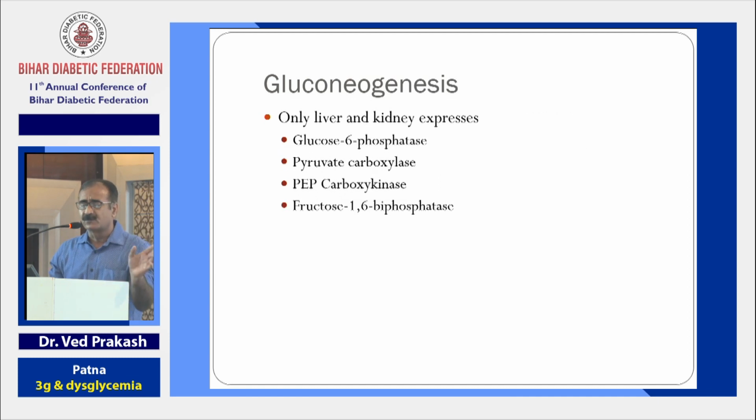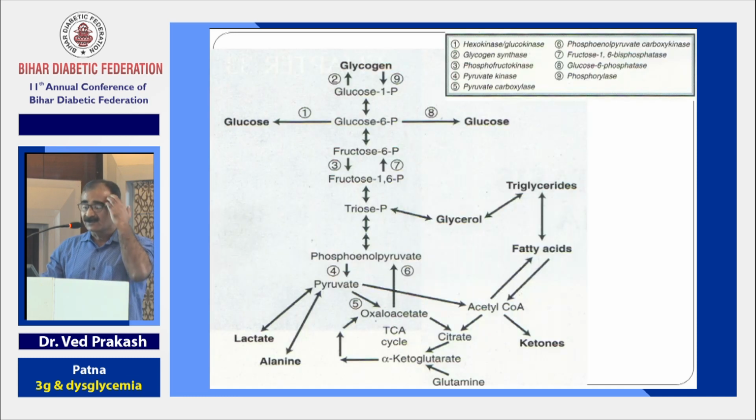For gluconeogenesis and glycogenolysis, there are various key regulatory enzymes: glucose 6-phosphatase, which is mainly involved in glycogenolysis, pyruvate carboxylase, phosphoenolpyruvate carboxykinase, and fructose 1,6-bisphosphatase. These four enzymes are the key regulatory enzymes in glycogenolysis and gluconeogenesis, and we will see them in more detail.